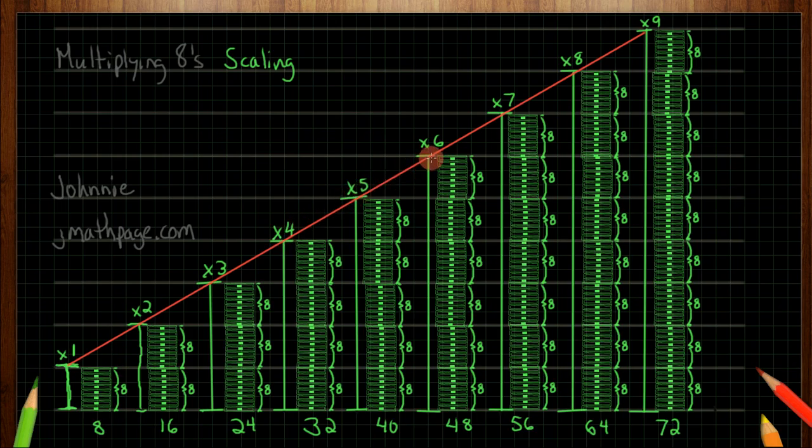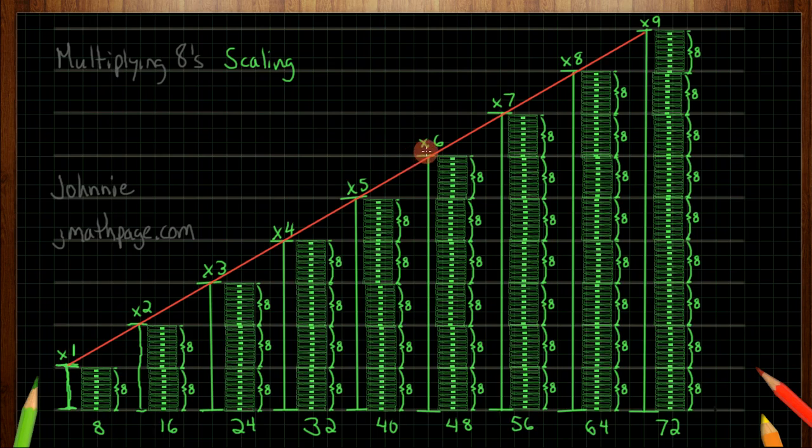So what if I have 6 stacks of 8 boxes, but I only want it to be half as tall. So 6 stacks of 8 boxes, and you see how tall it is right now. What if I only want half as many? What does that look like? Well, half of 6 is 3.